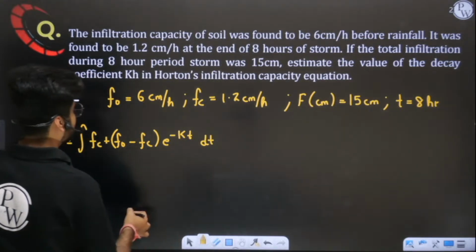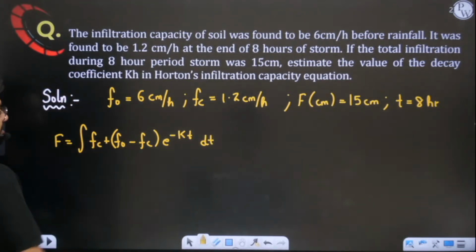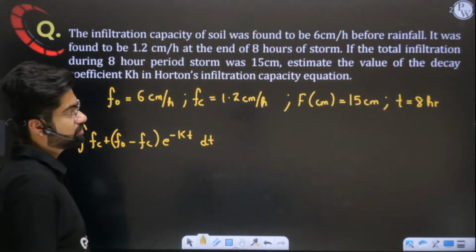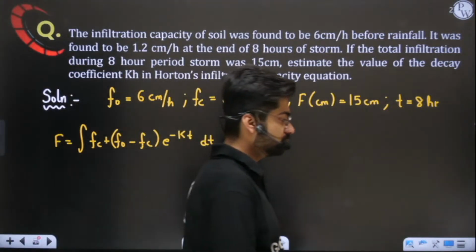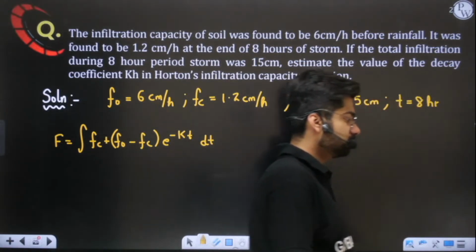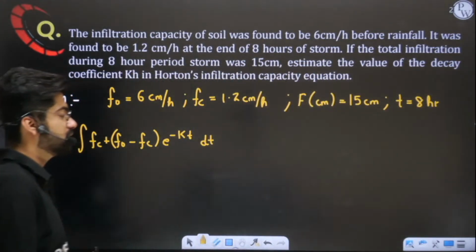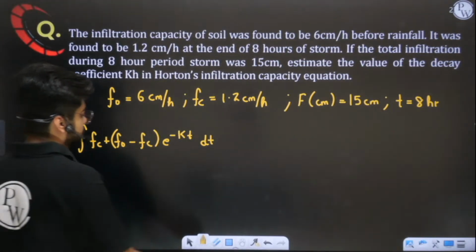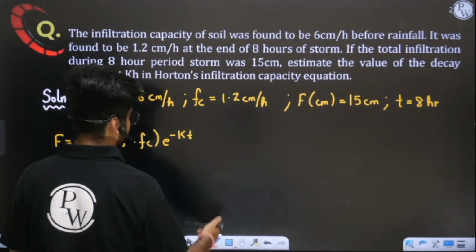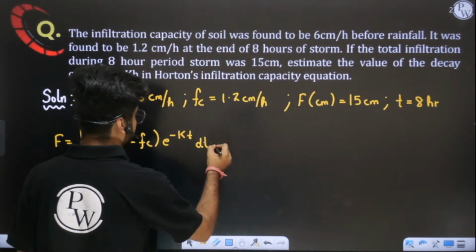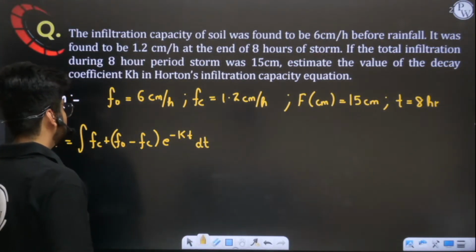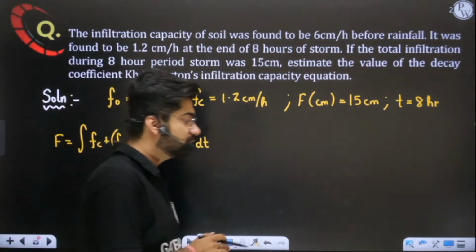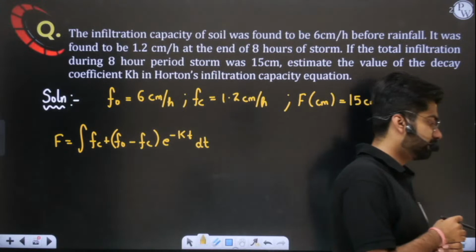See, this is our basic equation: F is equal to the integration of Fc plus (F naught minus Fc) e power minus Kt dt. If I want to integrate it, are you able to solve it till now?